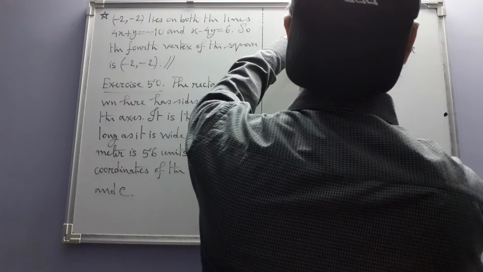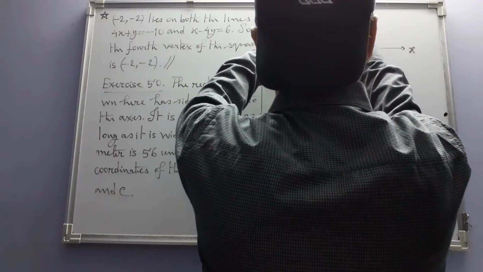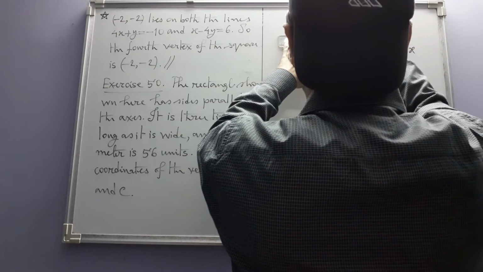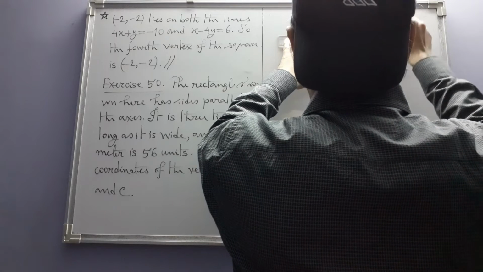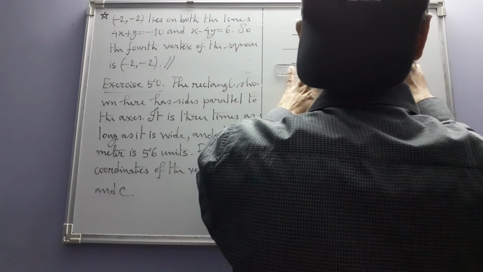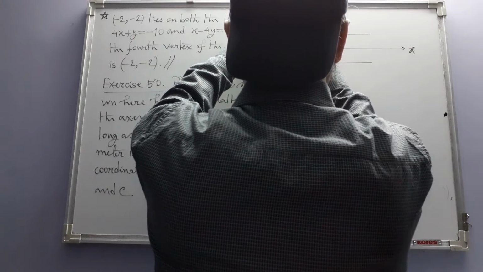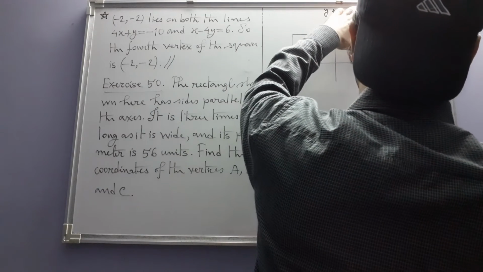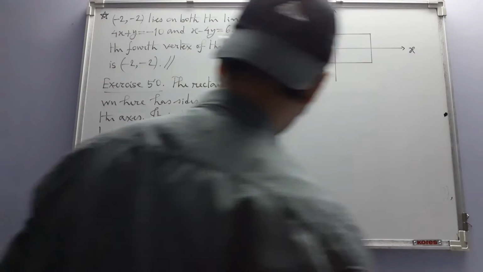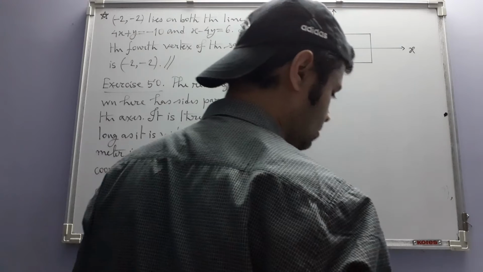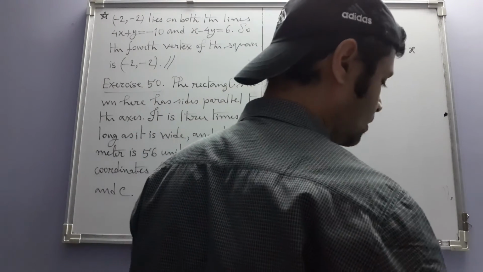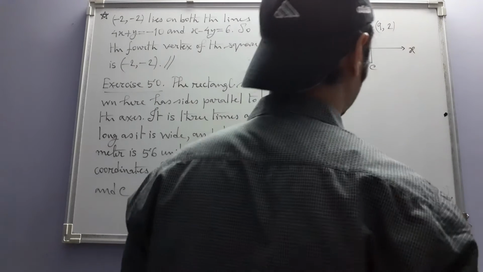This is the y-axis. Okay, so this is the rectangle and its vertices are A, B, C and D, where it is given that the coordinates of D are 9, 2.